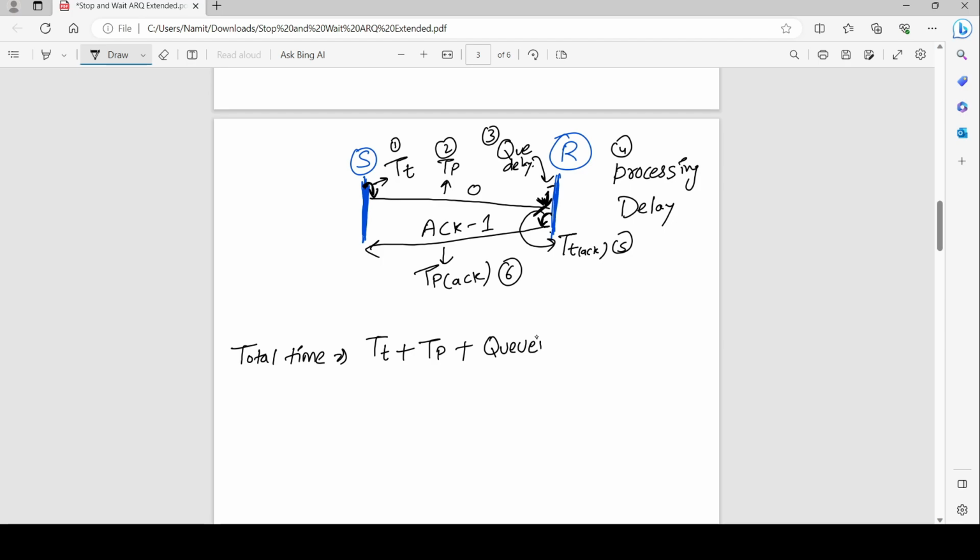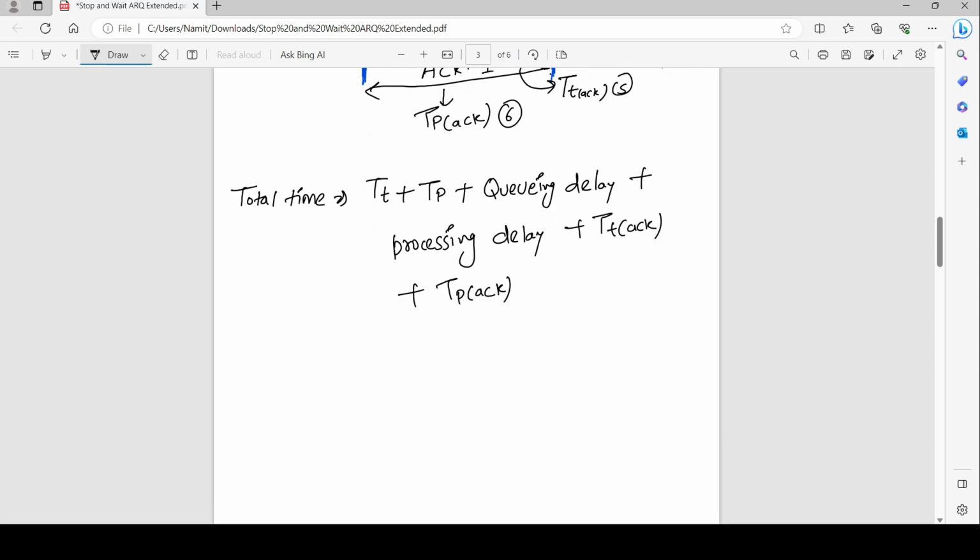I do not know the spelling, guys. Queuing delay. Just take care of this thing. Plus processing delay. Plus transmission time of acknowledgement plus propagation time of acknowledgement. As simple as that. This is how easy things are.